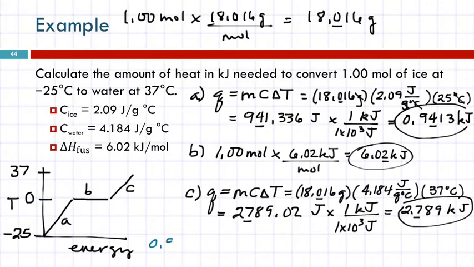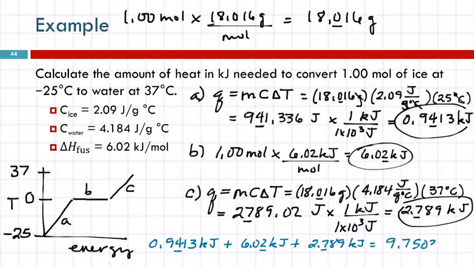So now we got 0.9413 kilojoules plus 6.02 kilojoules plus 2.789 kilojoules. Calculator says 9.7503.